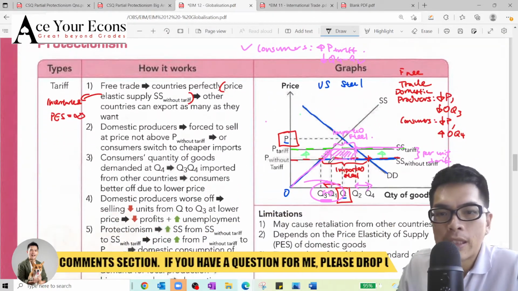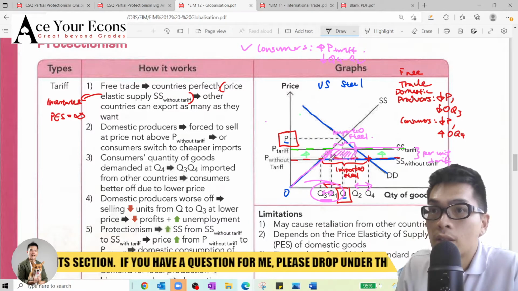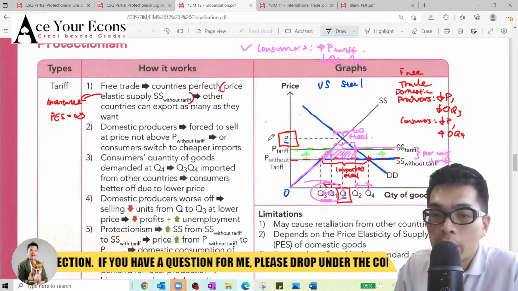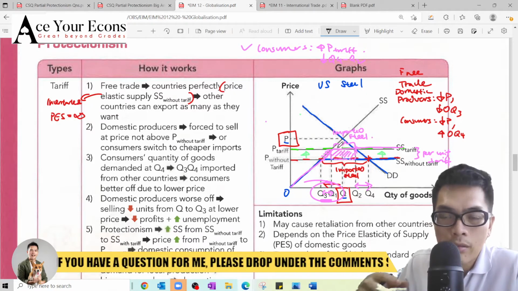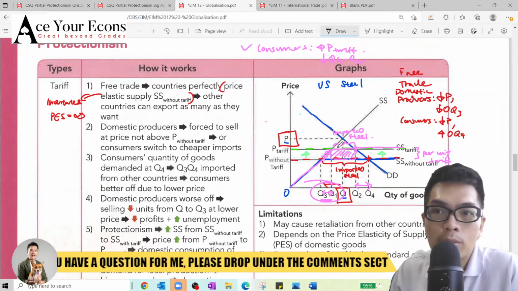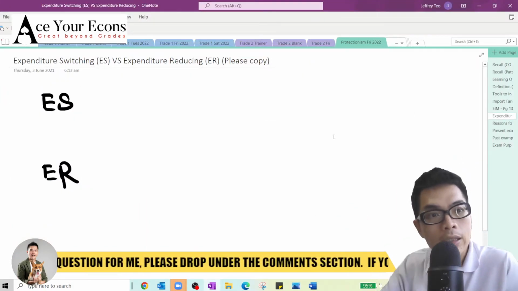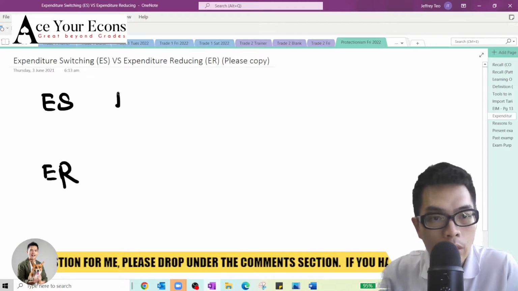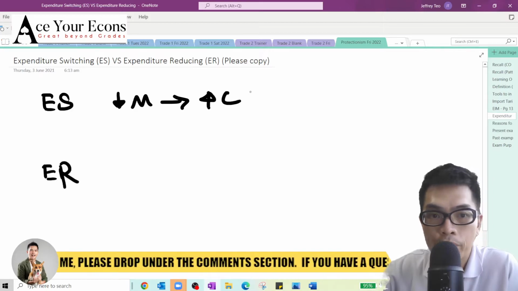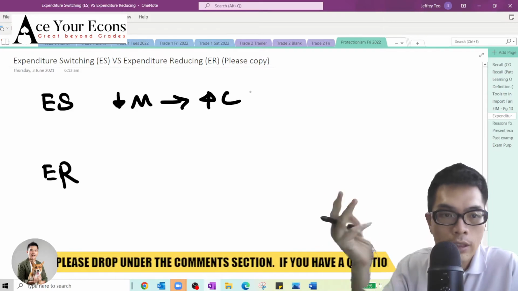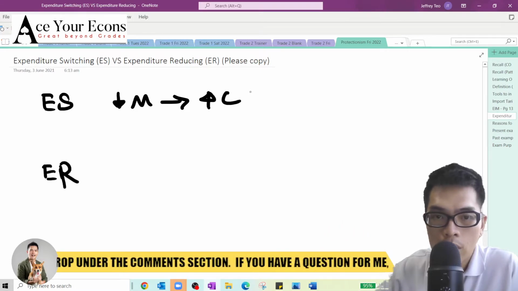It simply means that we are going to inhibit imports and promote domestic consumption of a good. So there must be an intended target, right? So we are going to inhibit import and promote domestic consumption of a good. So this is the rough idea behind that.